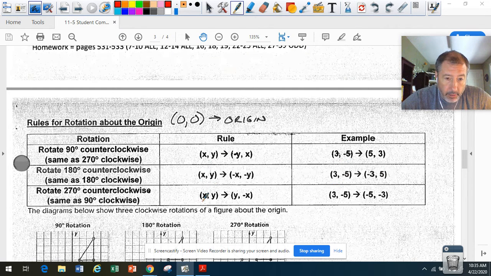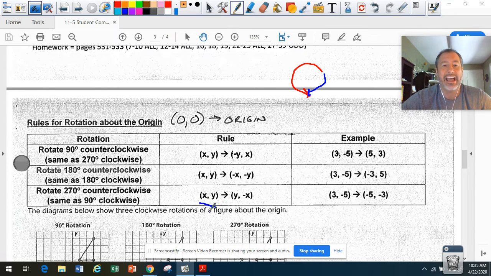Let's look at the next one. It says rotate 270 degrees counterclockwise, which is the same as going 90 degrees clockwise. So what does it say here? You have your original, your X and your Y. You have this point here.